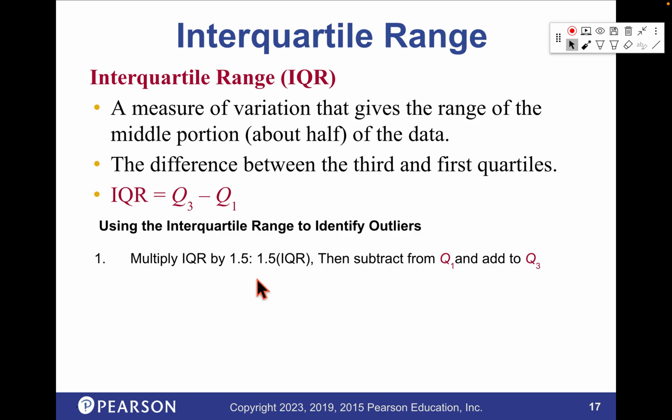So our box is 9, so 9 plus a half would be about 13.5. So if something was 13.5 larger than the third quartile, if our maximum was there, that would be considered an outlier. Anything beyond that is an outlier. Or on the other side, below Q1. If you subtract 1.5 times the box from Q1, then that would be an outlier on the lower end.